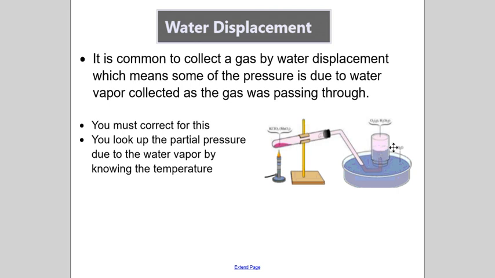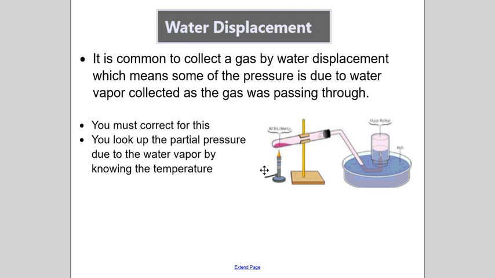So you need to know the vapor pressure of the water here, and you'll have to subtract that from this gas bubble. That way you're removing the water. So you'll find the total pressure of this gas bubble, and then you need to subtract the partial pressure of water vapor to get the partial pressure of the gas that you're collecting to actually run any math.